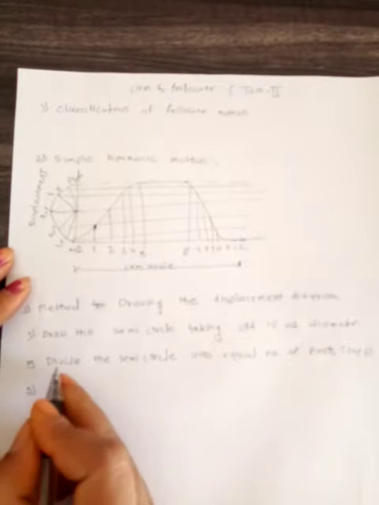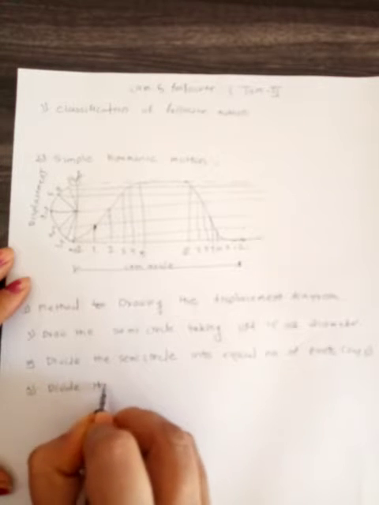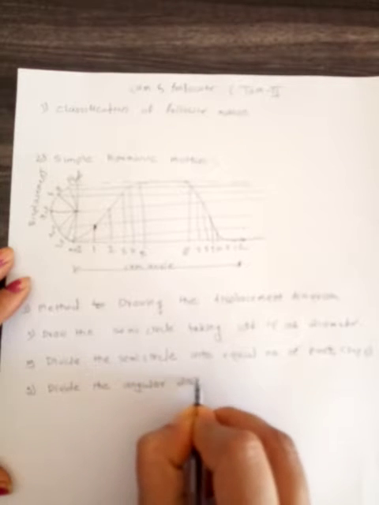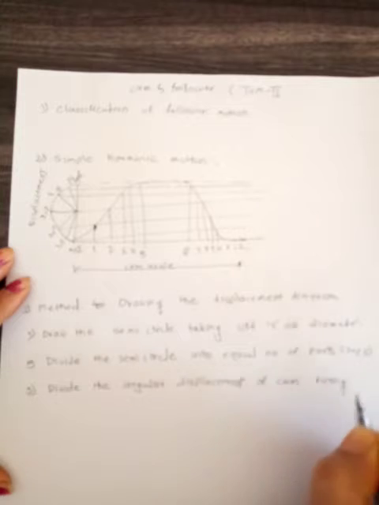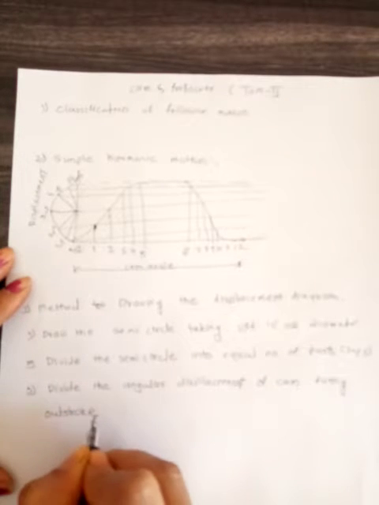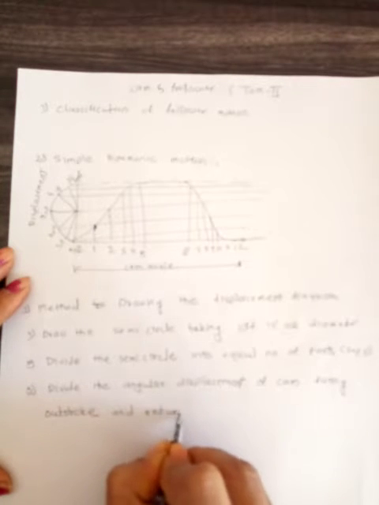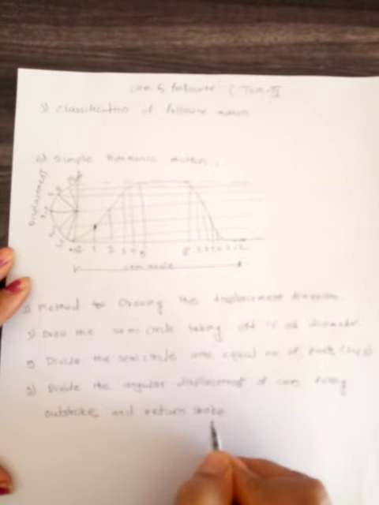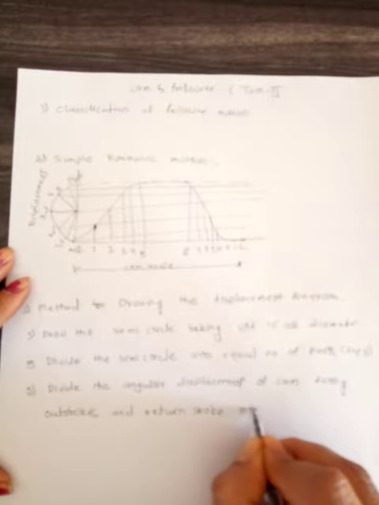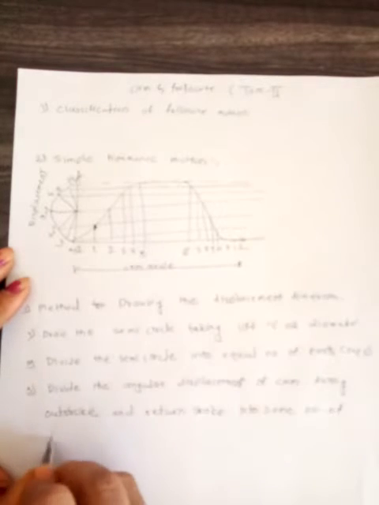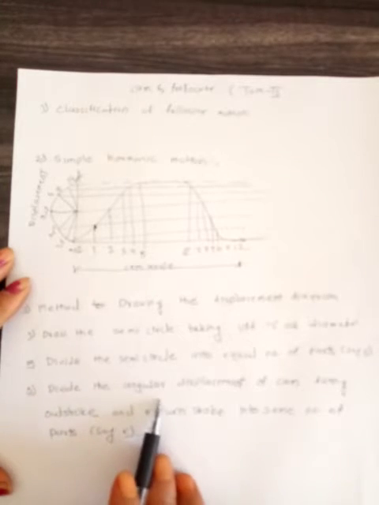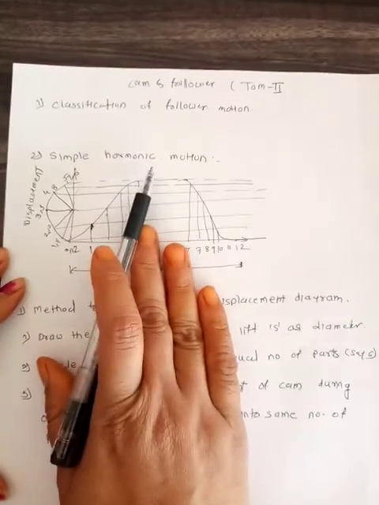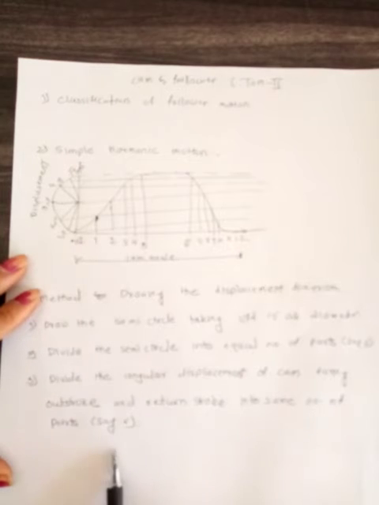The third step is to divide the angular displacement of the cam during the outstroke and return stroke into the same number of parts, say 6.